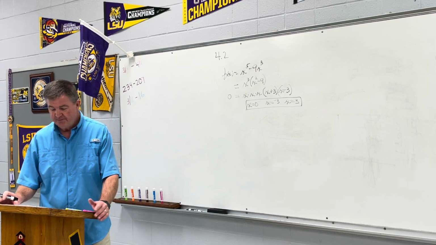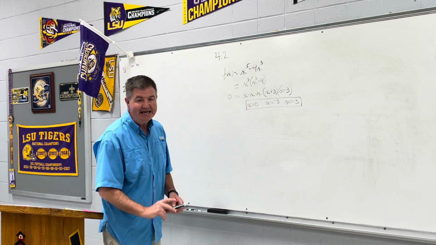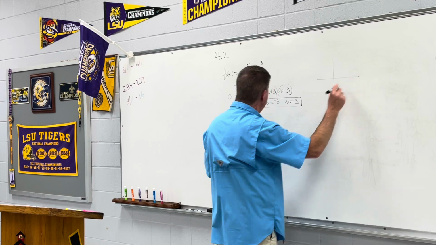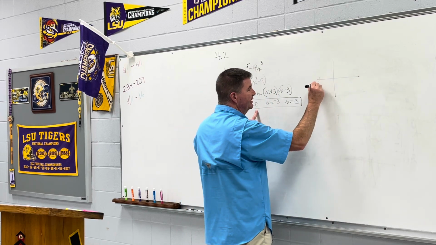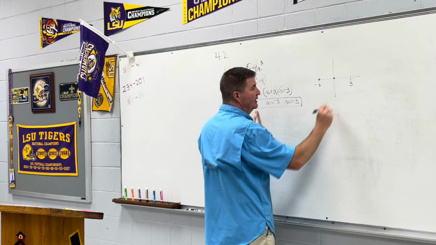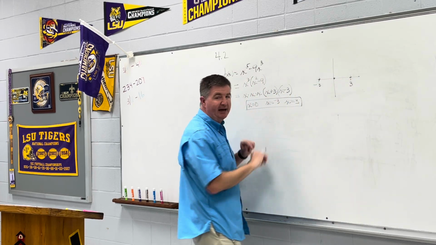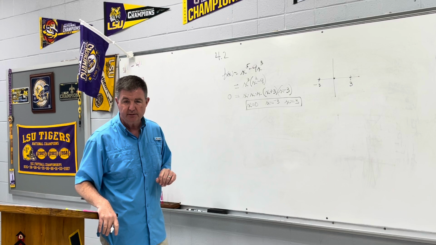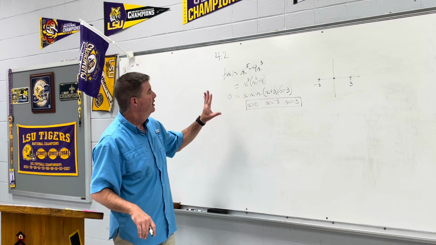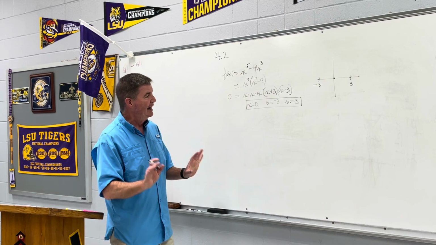Okay, from here, we're going to look at finding the end behavior. Because so far, we know that we can find the zeros: negative 3, 0, and 3. And we know it could be passing through those circles. But what happens in the end? Well, we have something that's going to help guide us.